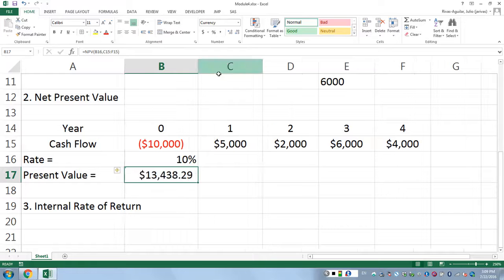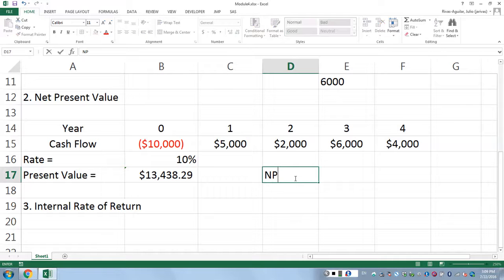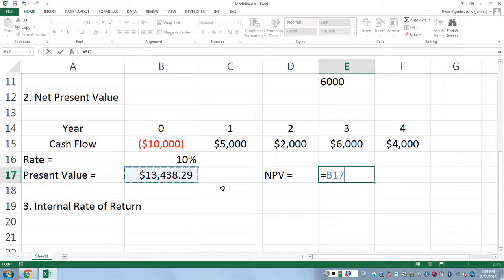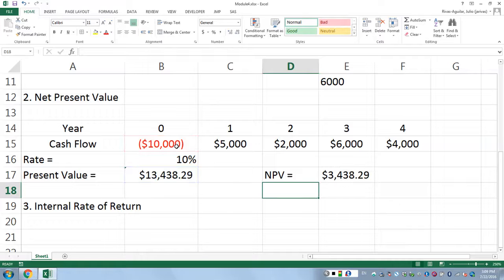Now, what is our net present value? Well, we know that we will be receiving that much money in today's dollars. We also know that today we're investing $10,000. I'm adding them because those $10,000 already have a negative sign. We hit enter and we get this number.